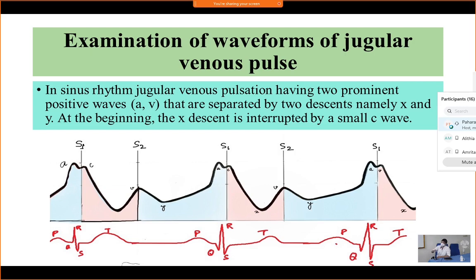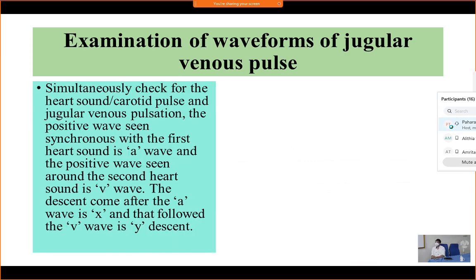Okay. If you try to correlate with the ECG, you can see that the QRS complex coincides with the A wave, the P wave goes before that, and the X descent corresponds to the T wave. For the examination of waveforms in the jugular venous pressure, always simultaneously check the heart sound, the carotid pulsation and the jugular venous pulsation.